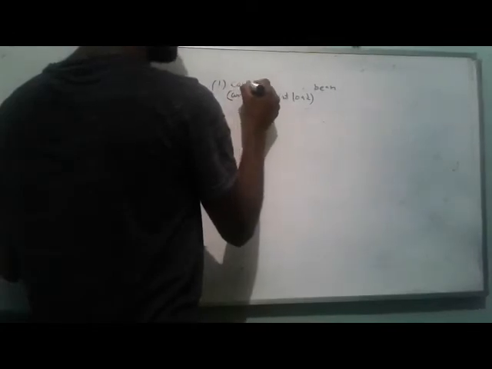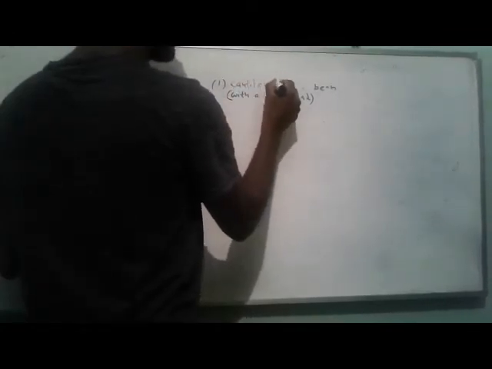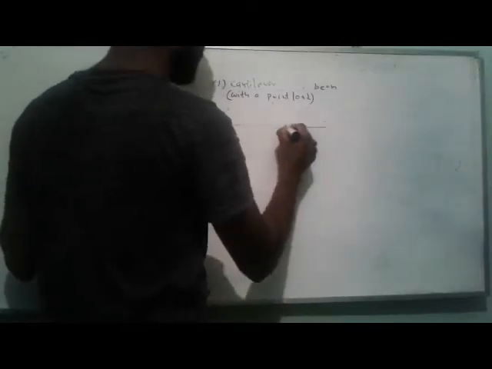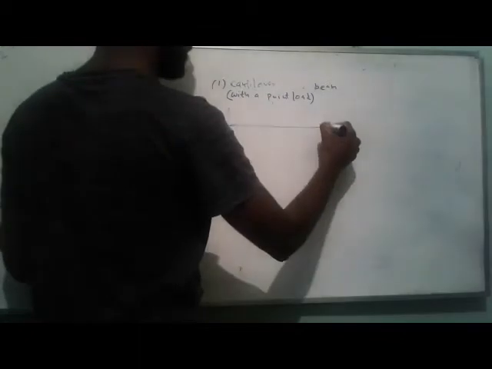Let's consider the second example. The second example is a cantilever beam. I told you a cantilever beam has a fixed end here, with a point load W here.